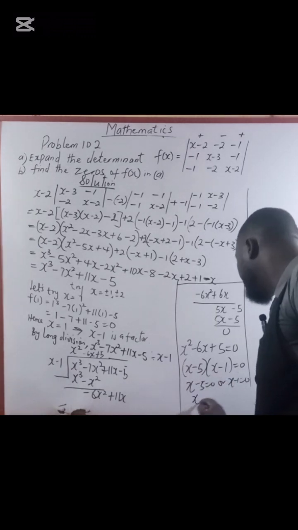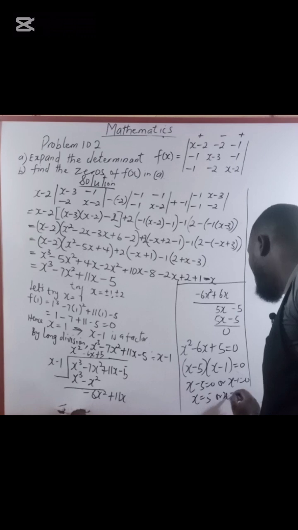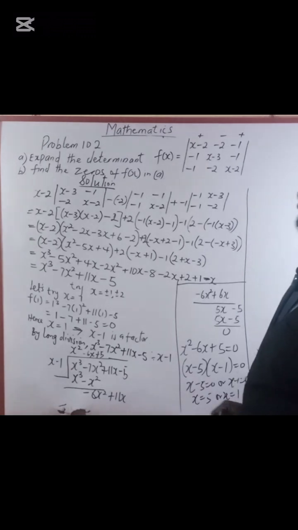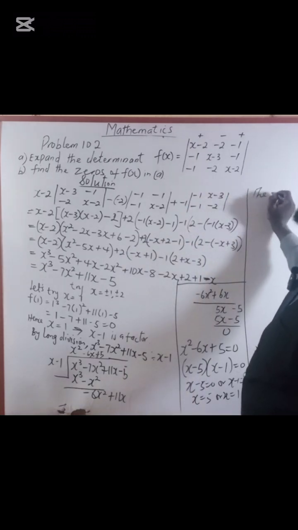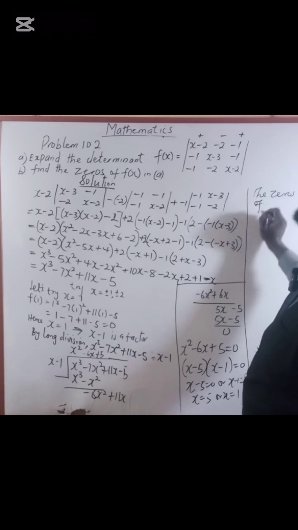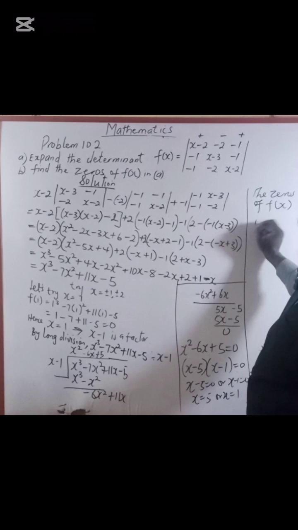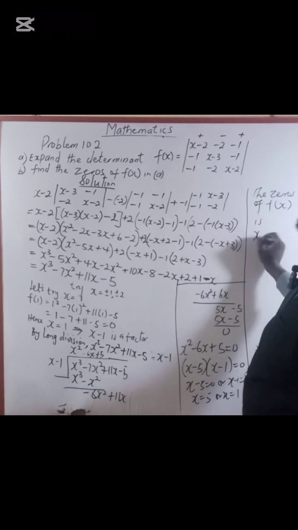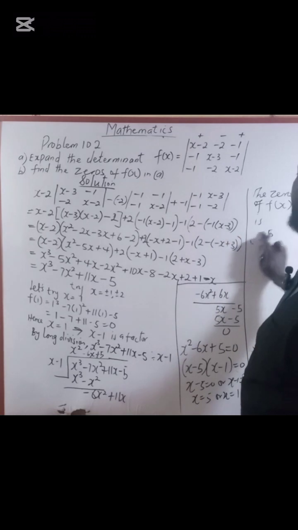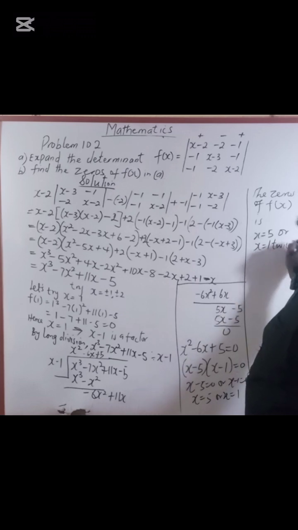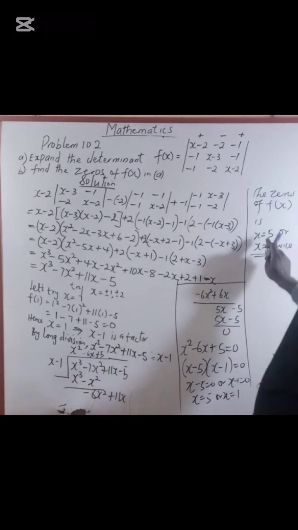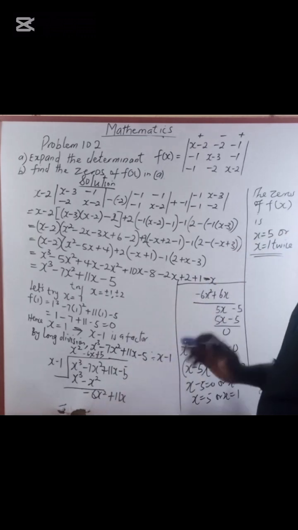So x is equal to 5 or x equal to 1. So the zeros of f of x are x equal to 5 or x equal to 1 twice.